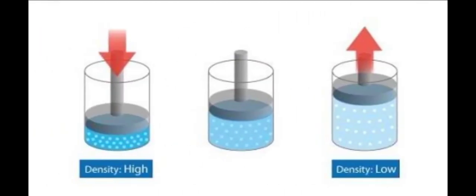Now density. Density is mass per unit volume. In this diagram, the light one has low density. When the density is low, the thing floats.